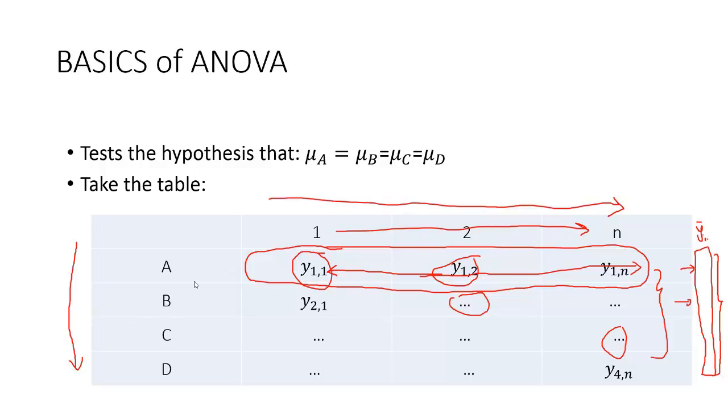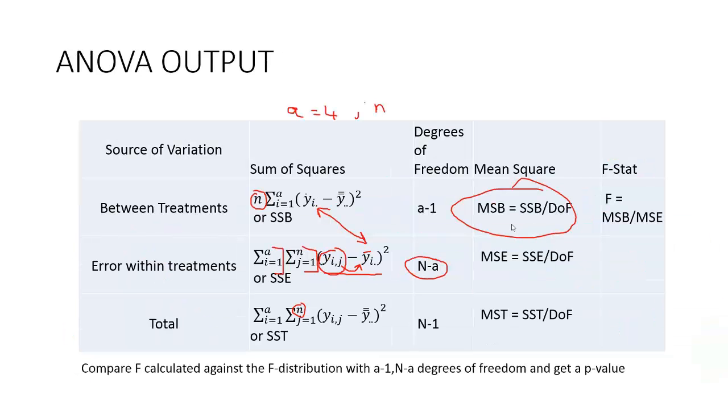So that is the number of data points that each combination has, and capital N is the total number of data points. So essentially it's nothing but a times n. So using that nomenclature, calculating MSE also should be obvious.